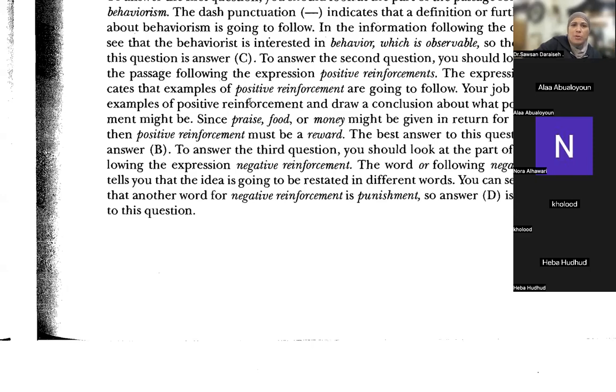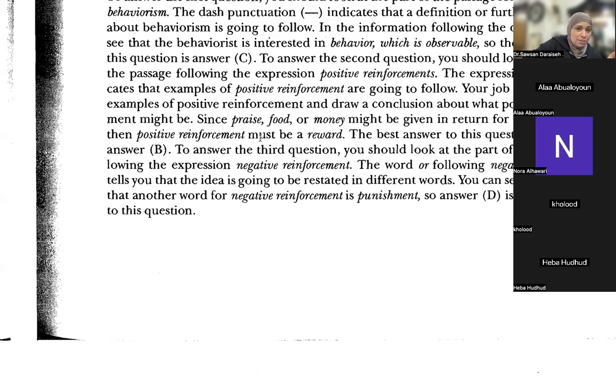Indicates that examples of positive reinforcement are going to follow. Your job is to look at the examples, look for the examples of positive reinforcement and draw a conclusion. This is a little indirect, but it's there, okay? So you have to draw a conclusion. You have to decide in the end and make a decision. That's what we mean by conclusion, what the meaning is about, what positive reinforcement might be.